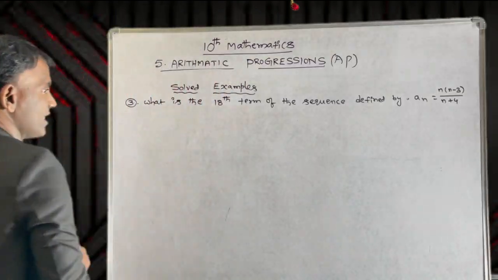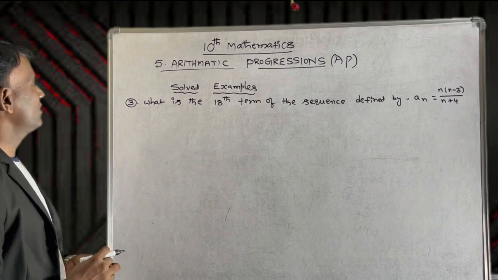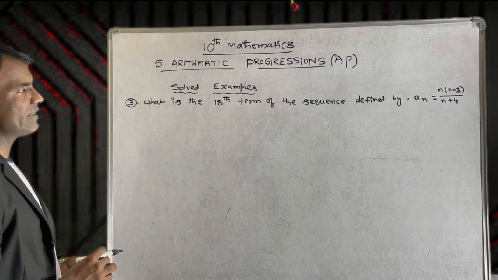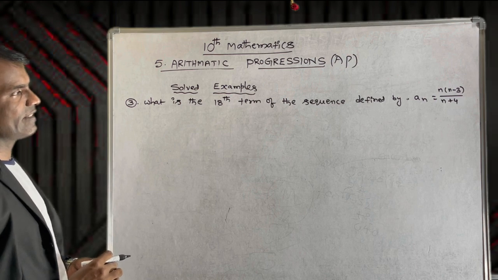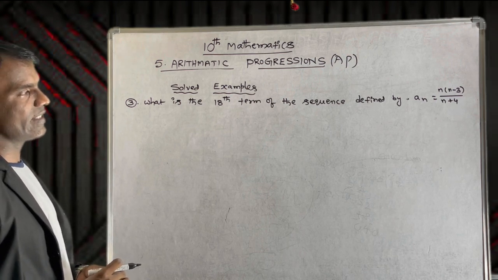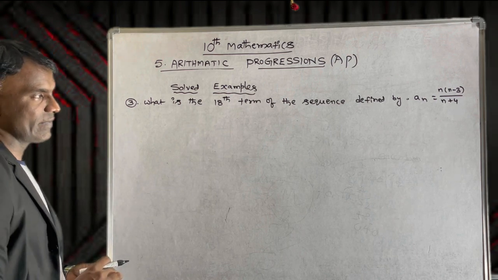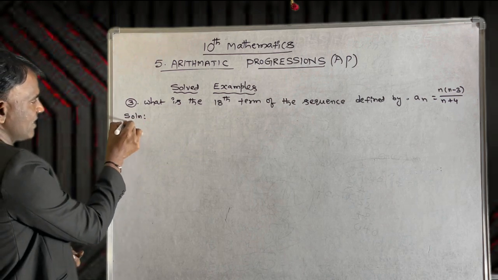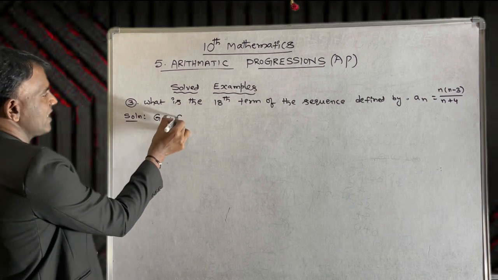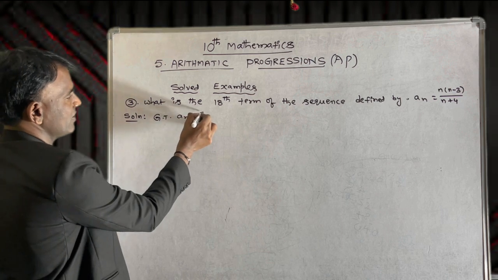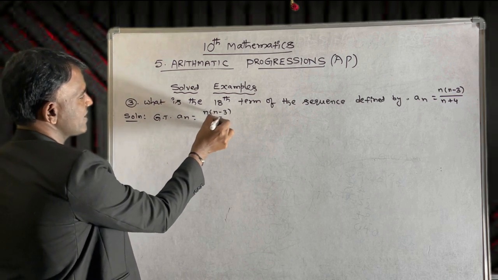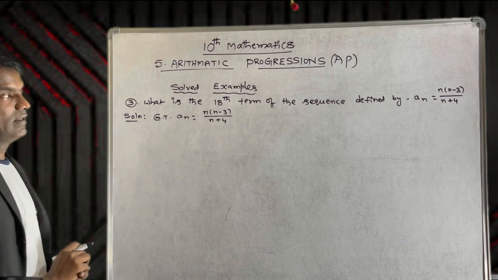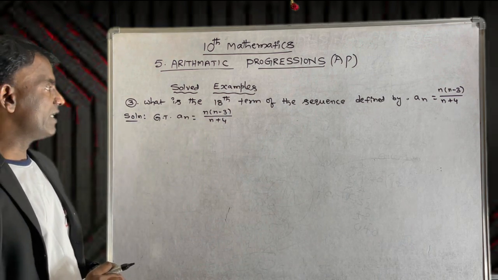Okay, now this is the next question, question number 3. What is the 18th term of the sequence defined by a_n equal to n into (n minus 3), divided by (n plus 4)? So first write the given sequence a_n equal to n(n-3)/(n+4). Now which term is required here?